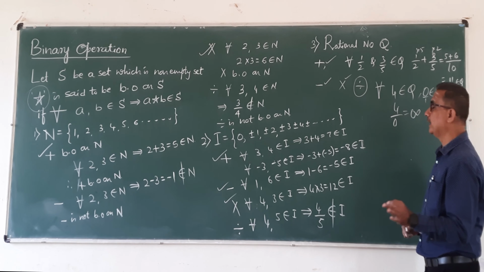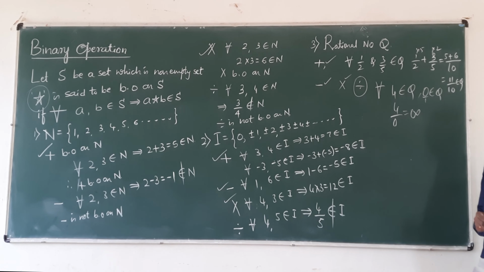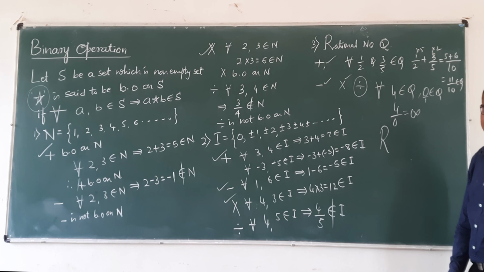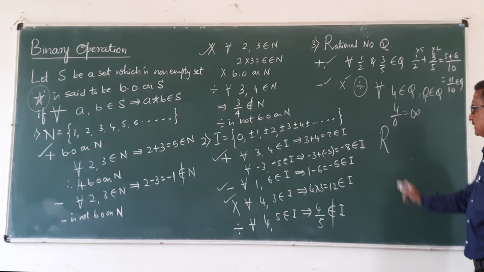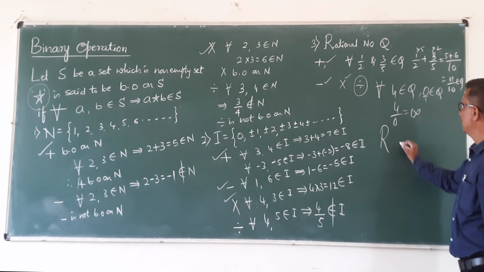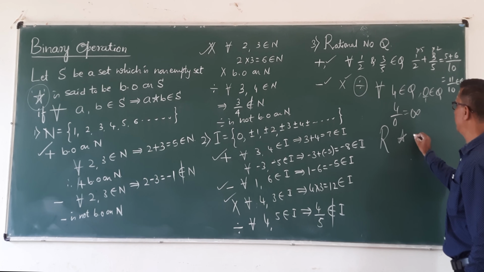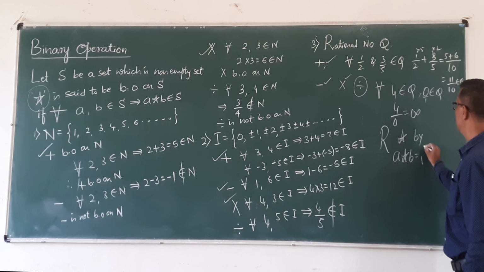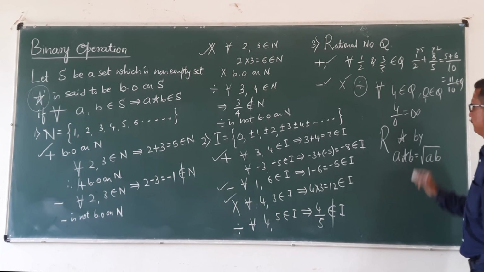Clear? Okay. Now here is one simple question that was asked in a previous year, 4-5 years back. On the set of real numbers R, star is defined by a star b is equal to square root of ab.